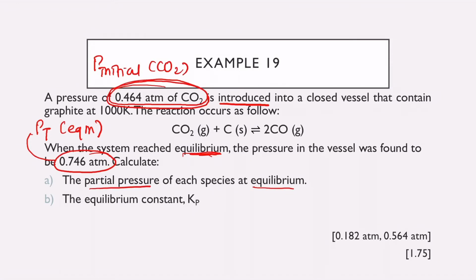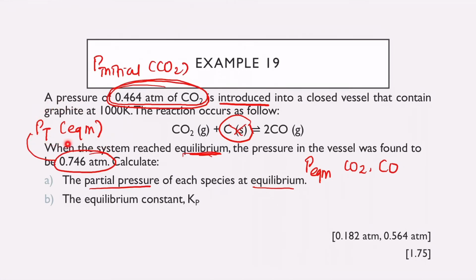So, you're going to find the pressure at equilibrium of CO2 and CO. So, carbon ni, dia solid. So, you're not going to include it in your equilibrium constant. So, just ignore it. Alright? So, to find the partial pressure of each species at equilibrium, you are going to use what formula? Since you have the total pressure, right? This one here, total pressure at equilibrium.